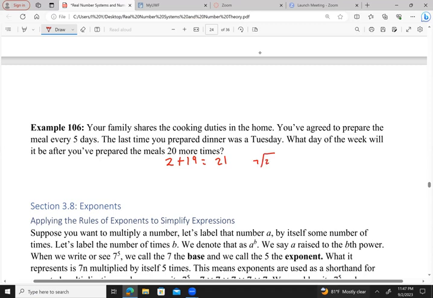7 goes into 21 3 times with a remainder of 0, which means we will be back to Tuesday.